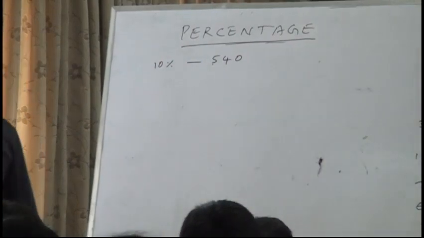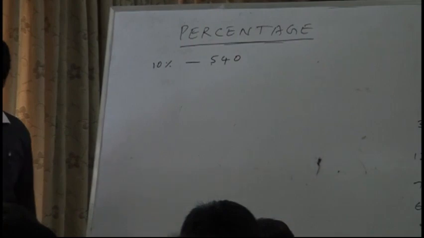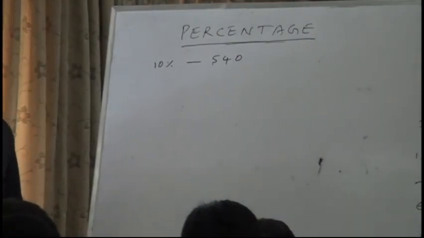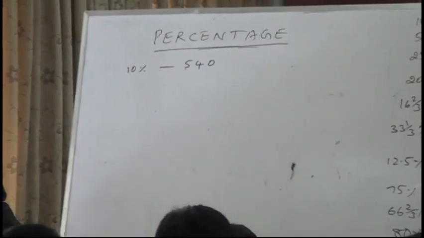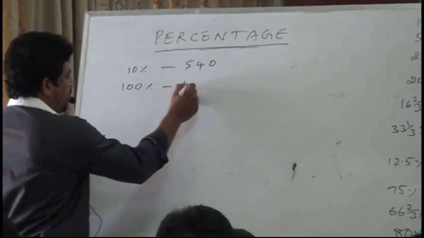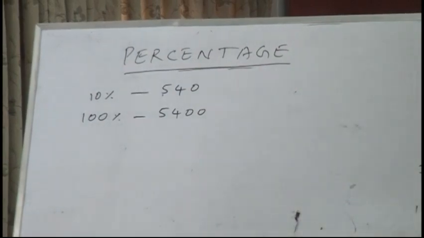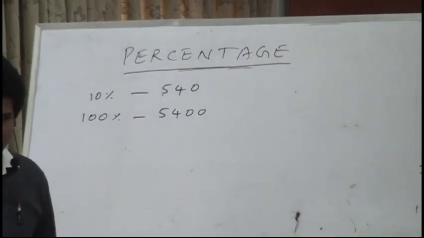If 10% of good ones is 540, I am calculating the total number of good ones. 10% is 540, total means 100, right? So 100% of good ones is 5400. Is this the total number of apples he bought?